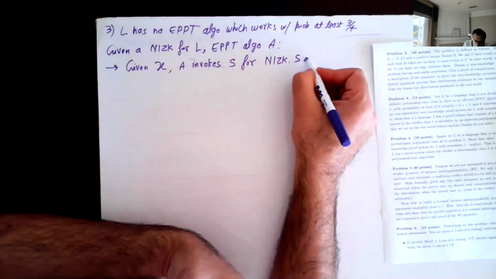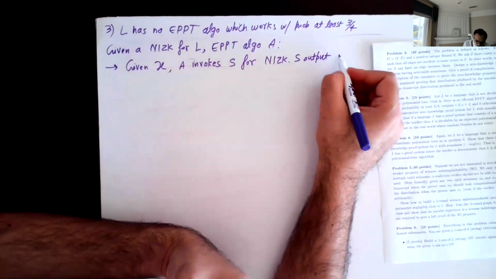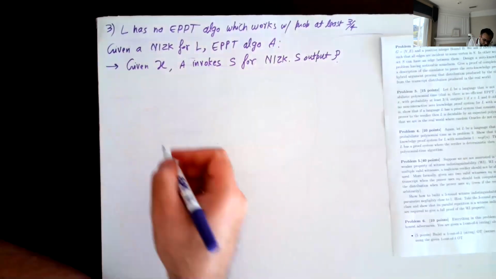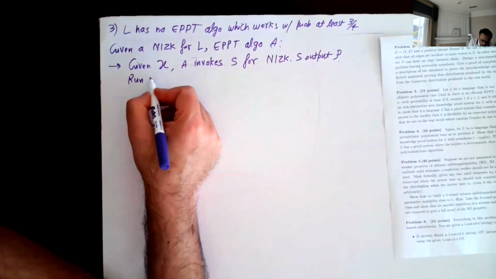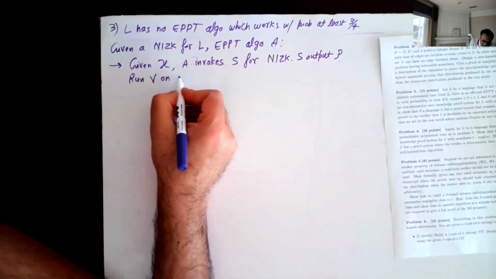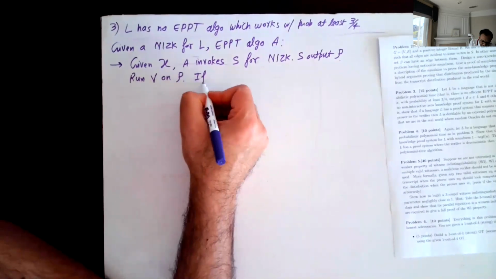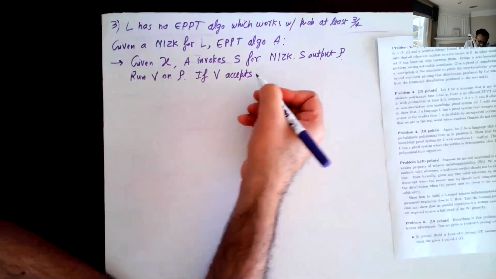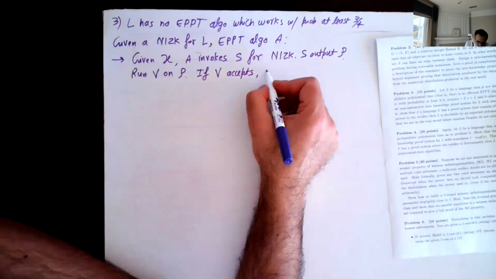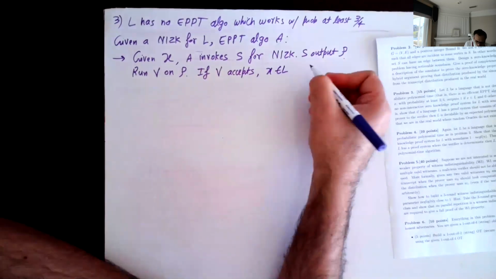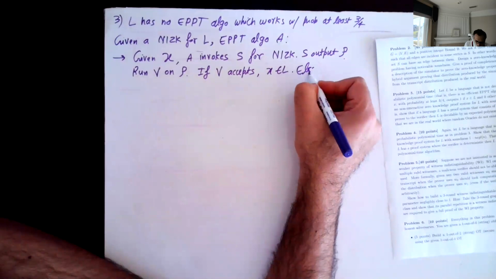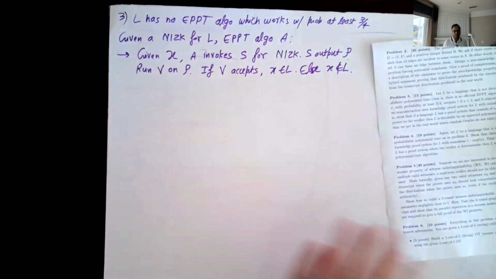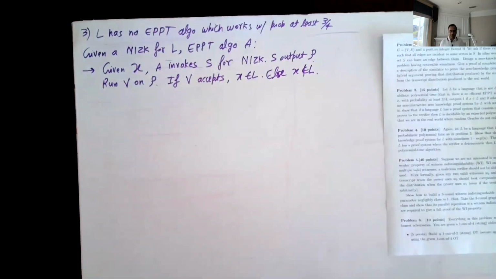Say S outputs some proof, let's call this proof pi. Now run the verifier V on this proof pi. If V accepts, X is in L, else X is not in L. So this is my candidate algorithm.